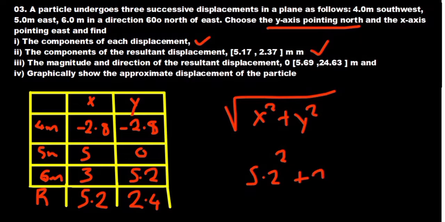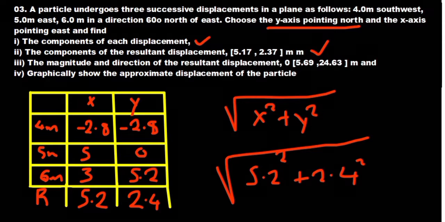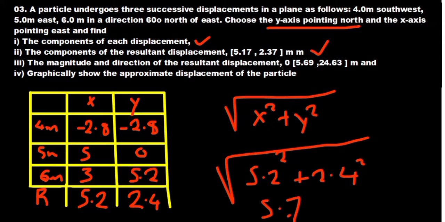So 5.2 squared plus 2.4 squared, the square root of that. I'll do that again. I'm getting 5.7. That's what I'm getting. We need to find the direction as well.